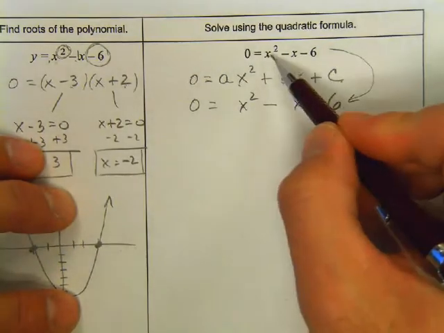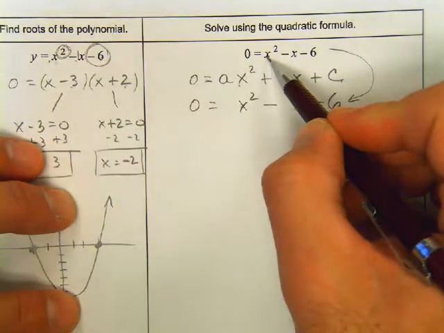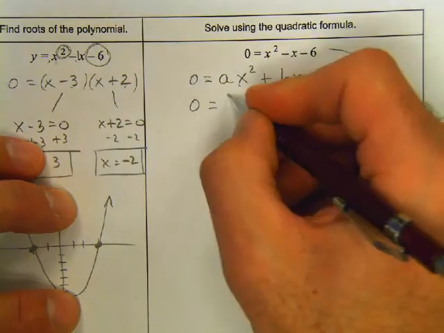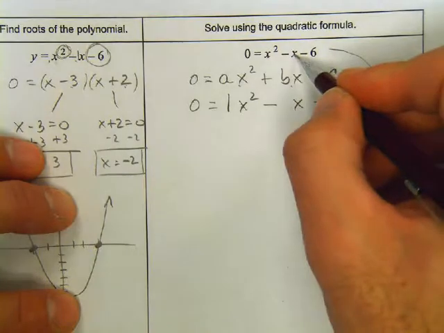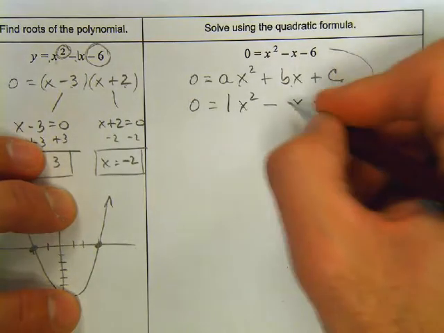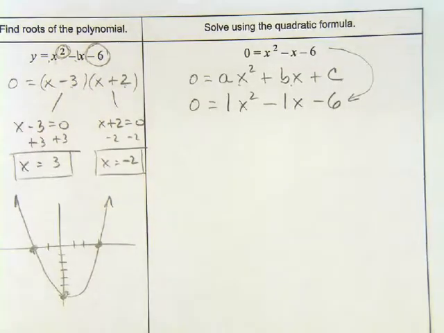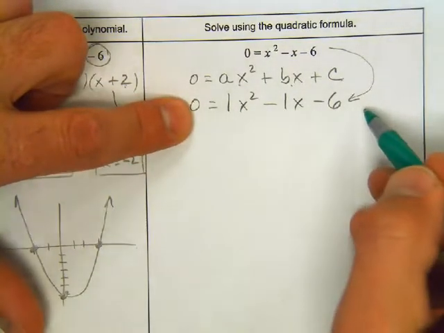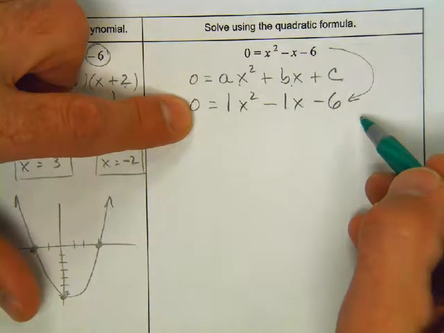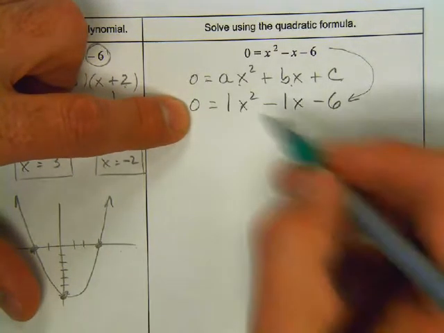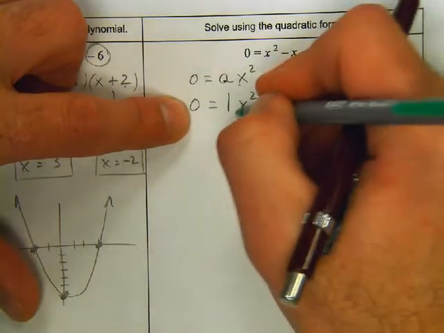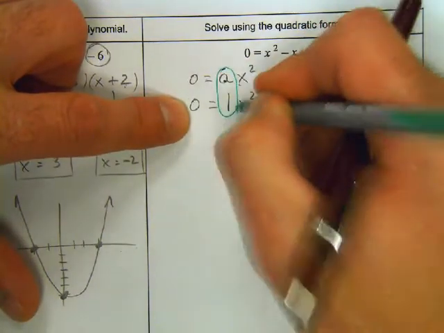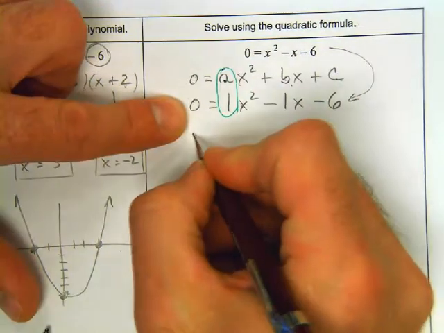There's no number in front of the x squared, so what's the number? 1. There's no number in front of the negative x, so what's the number? 1. Okay? So we have a quadratic trinomial. The first thing we have to do is identify the coefficients, the a, the b, and the c. The number in front of the x squared is 1, so a equals 1.